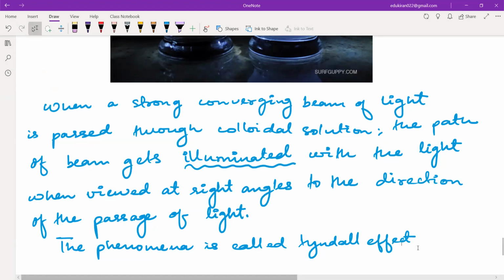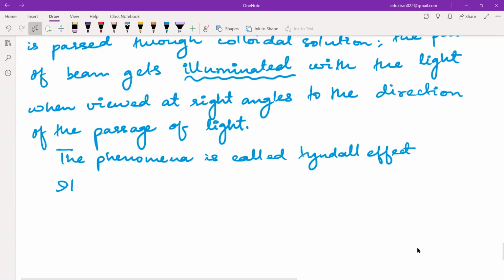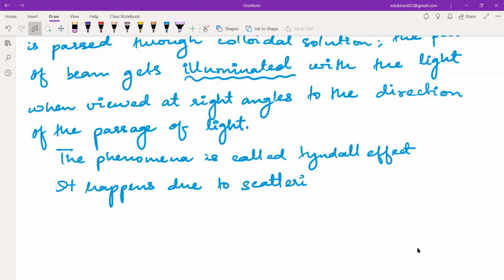And why does it happen? It happens due to scattering of light. Okay, it happens due to scattering of light.